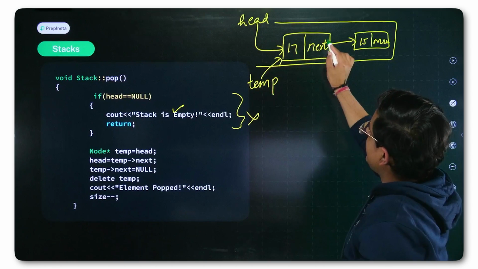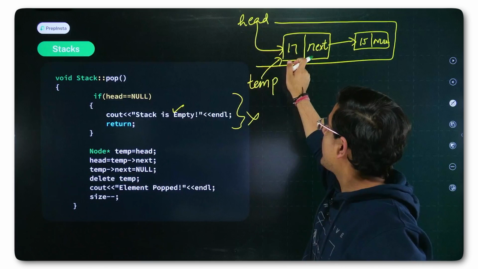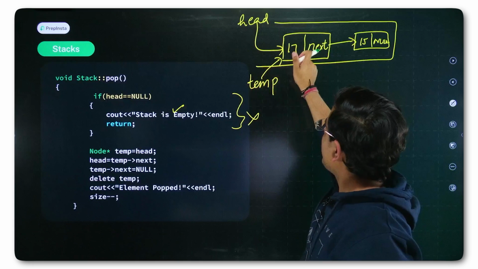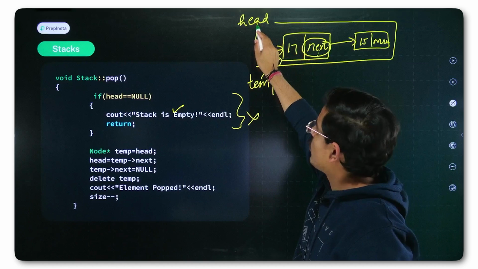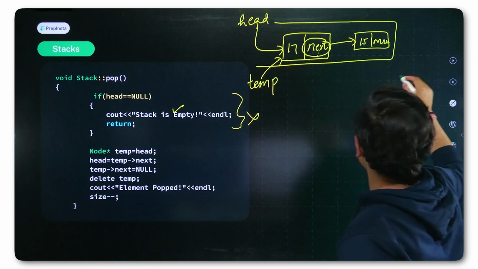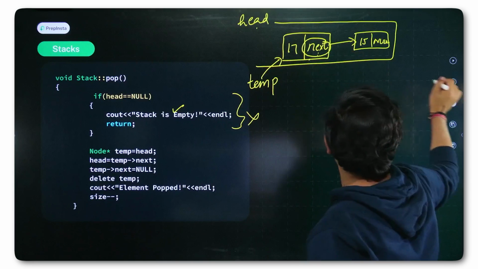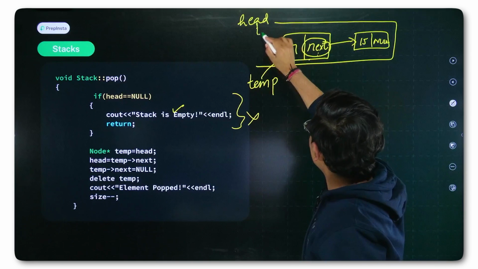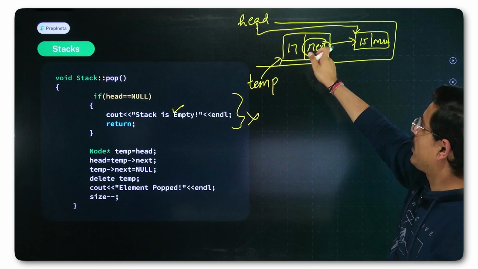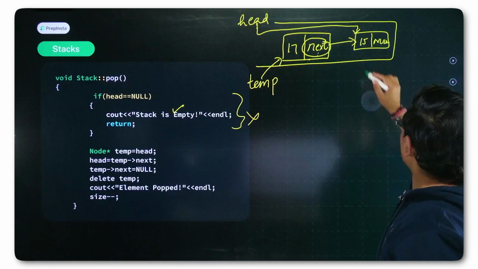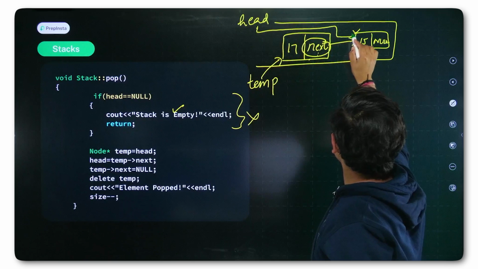Temp is pointing to a next, which is next. Fine. This is a pointer pointing here. So this value I'll store to head, which basically means I want head to get the value of this, and I'll want head to point out here where next is pointing. So it would look good if I create it like this. Fine.